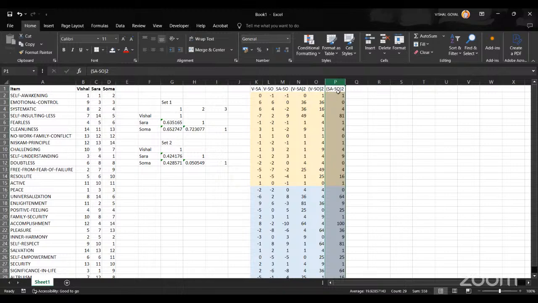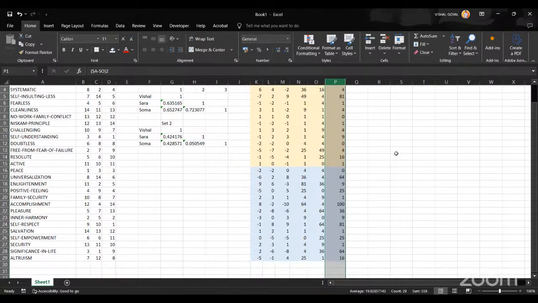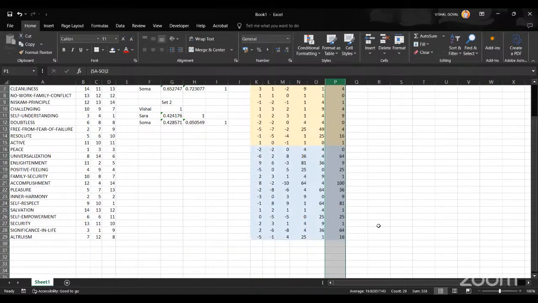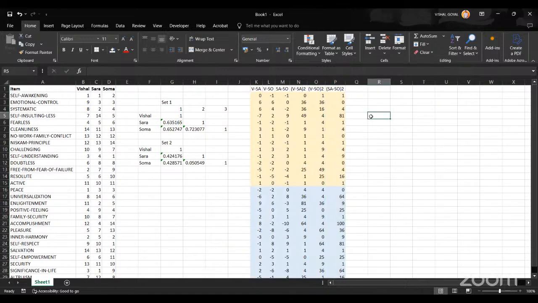So SA and SO, how many zeros are there? 4 zeros are there for set 1. Okay, for set 1, there are only 3 zeros. 3 zeros. And how many ones are there? 4 ones. So 3 zeros and 4 ones.